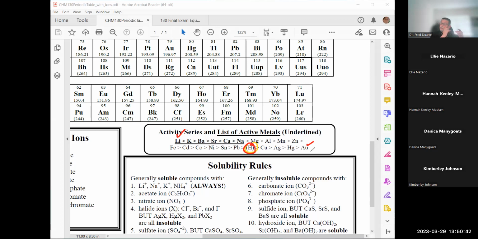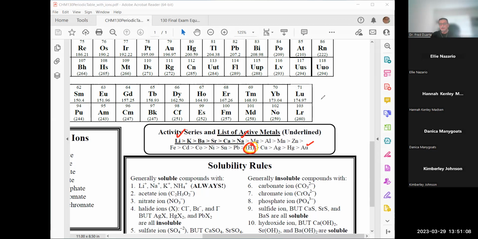Now, the metals that are listed in bold, going from lithium to sodium, are so reactive that in the presence of water, they spontaneously react in water itself.